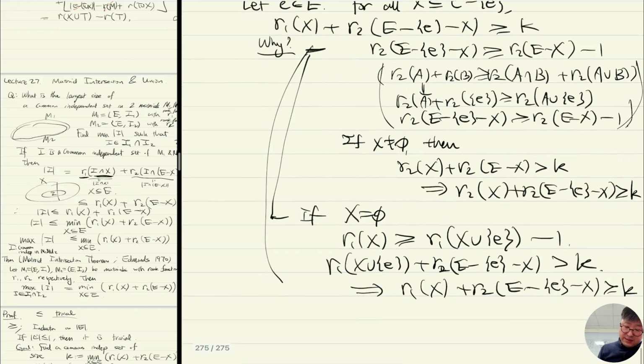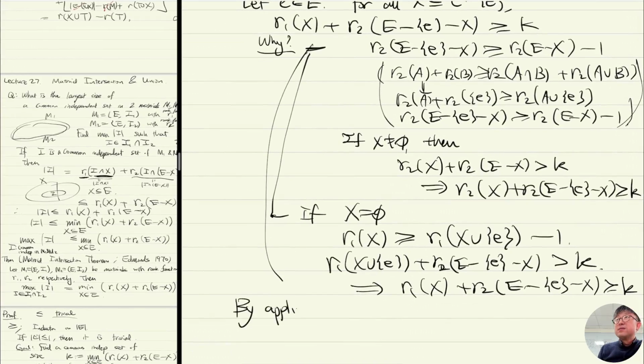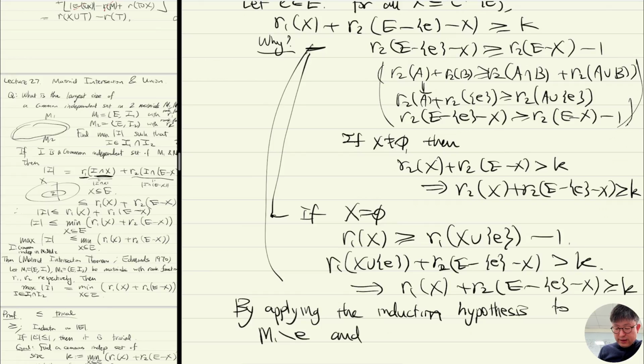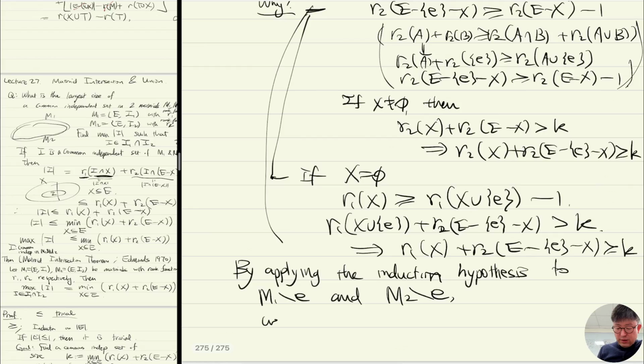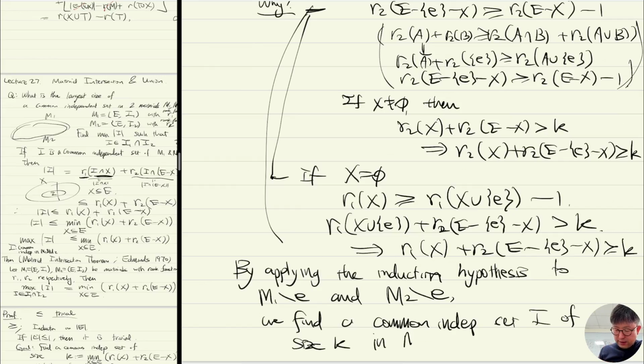Now, what does that mean? That means by applying the induction hypothesis to M1 delete E and M2 delete E, we find a common independent set I of size K in M1 delete E and M2 delete E. But these are independent sets of the initial matroid.